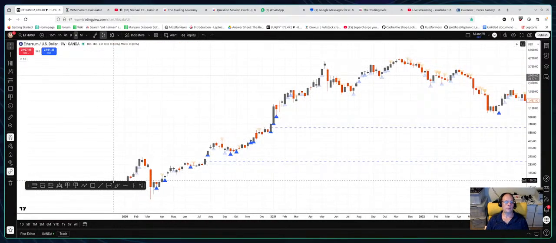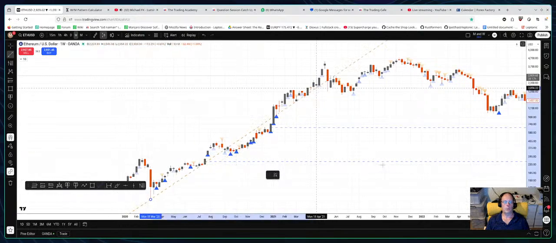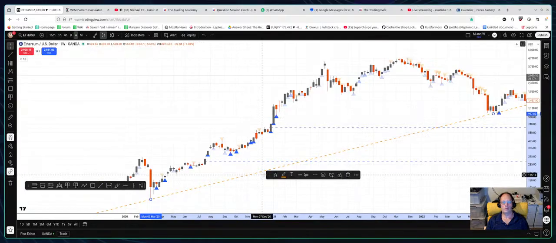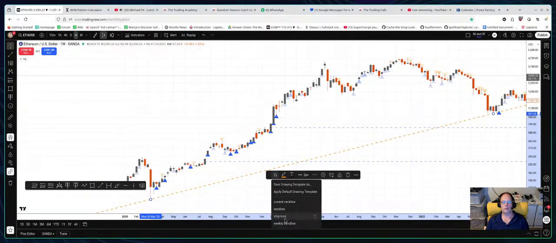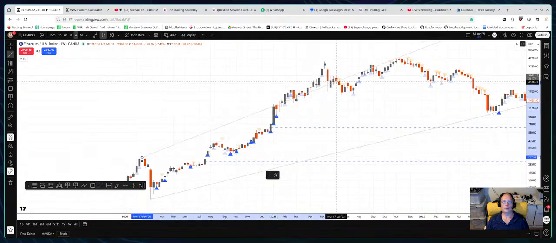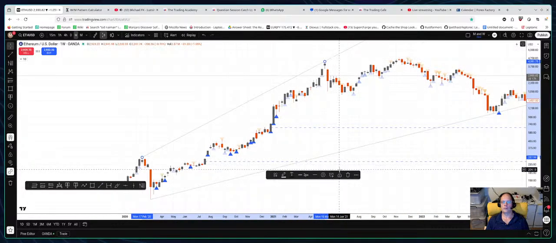We can connect those two. Weekly trend line and lock. What highs can we connect? That one and that one. Why not?